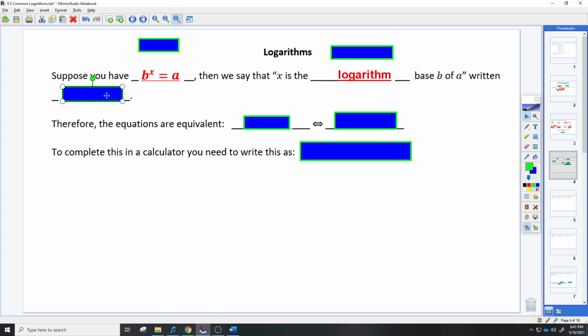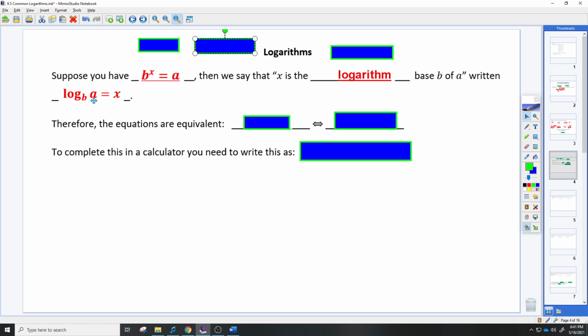And the way you write that is L-O-G, they shorten it, that stands for logarithm. Base b is a subscript, a tiny letter below the g, not on the same level. And then this last part says of a, which is on the same level as log. That equals x.